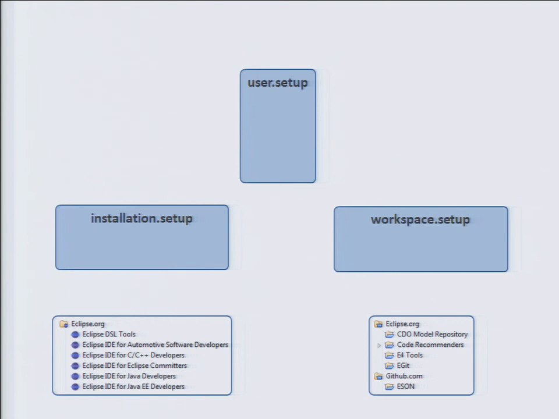These three places are very important for Oomph. And we have made them explicit in Oomph. And these places are really files on your disk. You will find them after you installed with Oomph. This here inside the installation, this file inside the workspace, and this inside your user home folder.